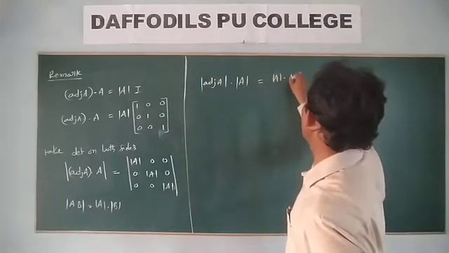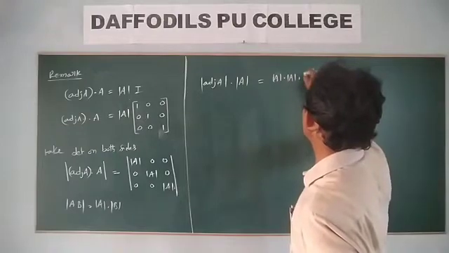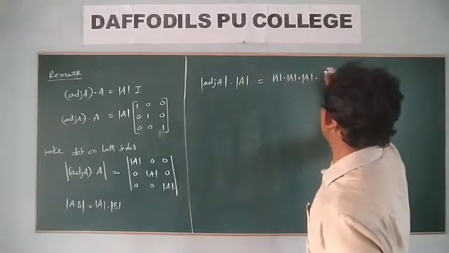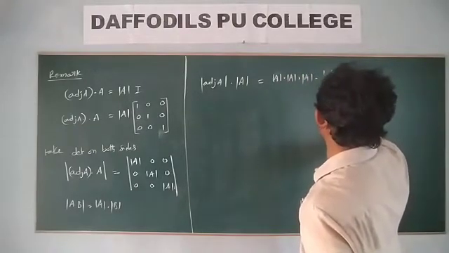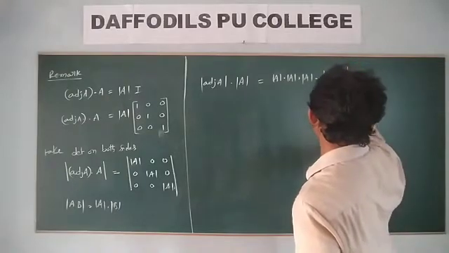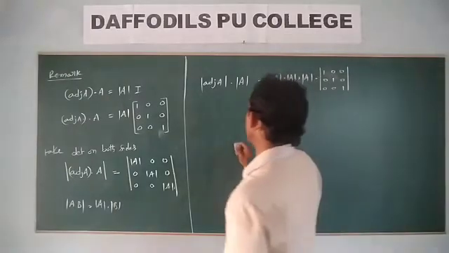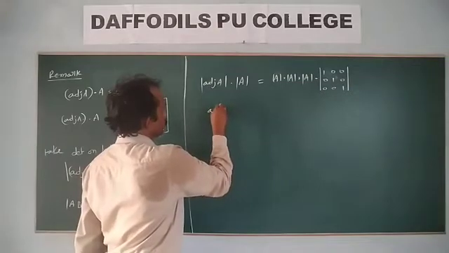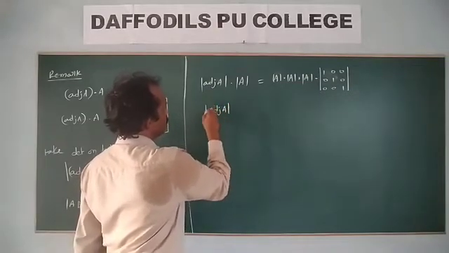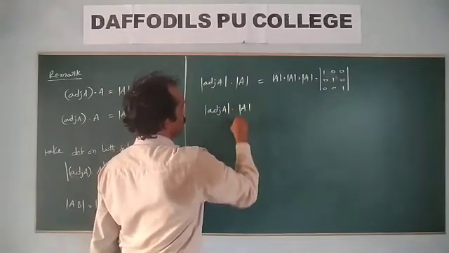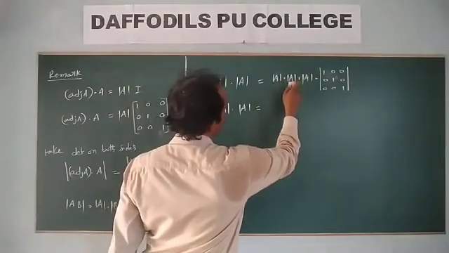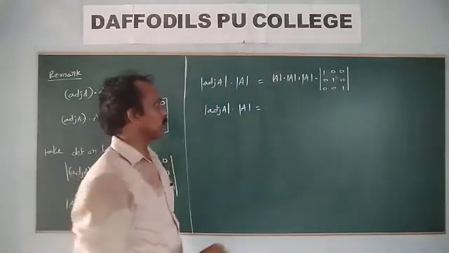Det A into det A and the matrix 1 0 0, 0 1 0, 0 0 1 after taking common. So the determinant of adjoint A is equal to det A into det A into det A. What is this value?